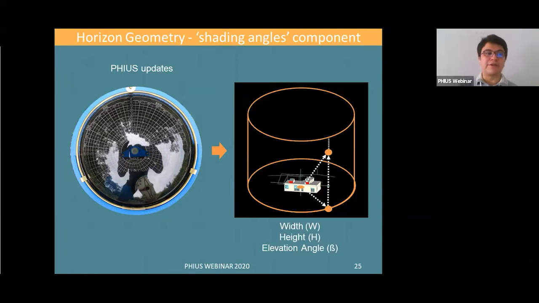In a new calculator, we overlap these images with angle estimator charts to generate the data on the width, height, and elevation angles from all side shading elements. These data are transformed into a component that represents the horizon geometry.